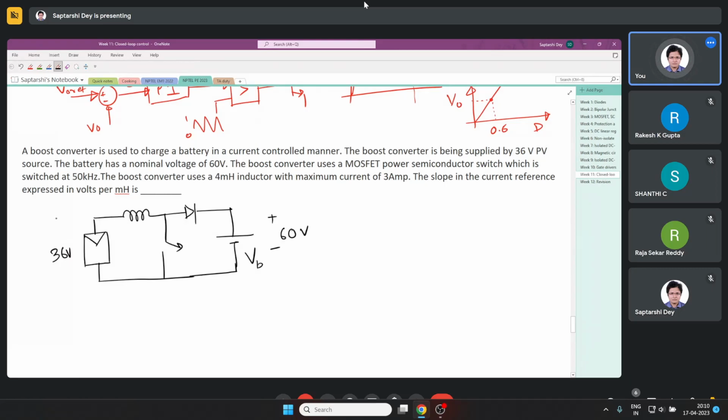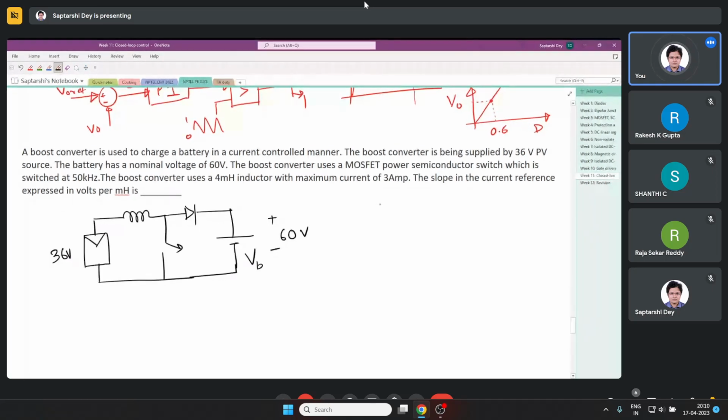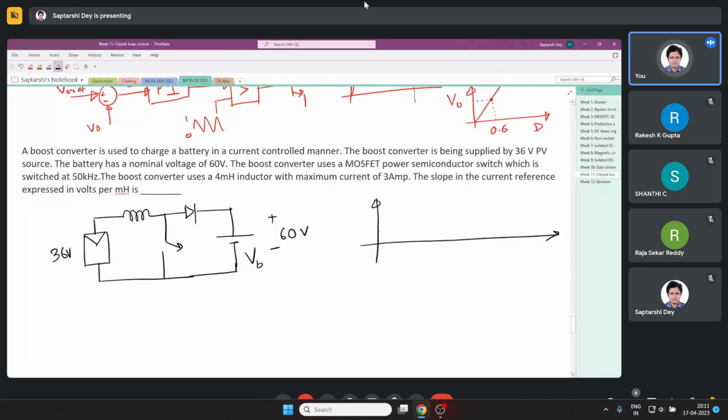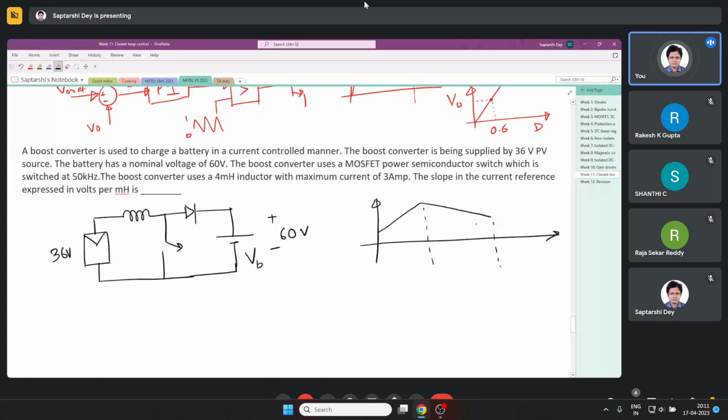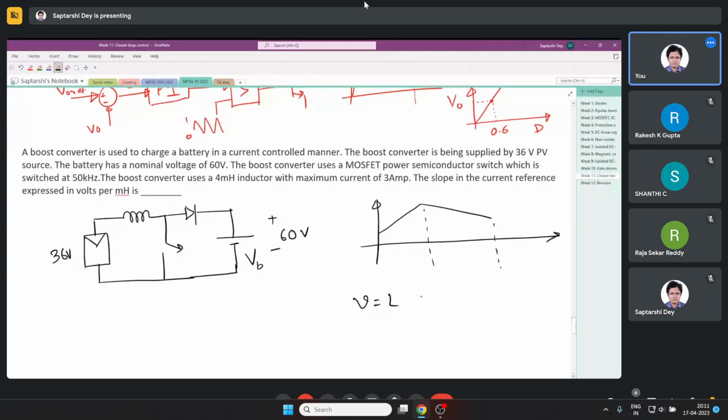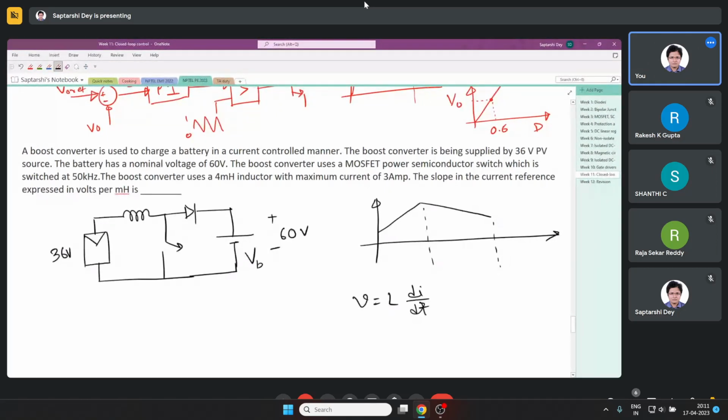Slope in the current reference is expressed in volts per mH. The slope is nothing but the slope of the falling current zone. So whatever slope you have, we have V equals L di dt, right?